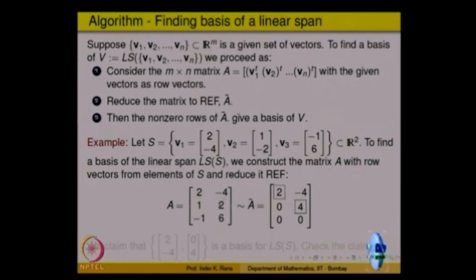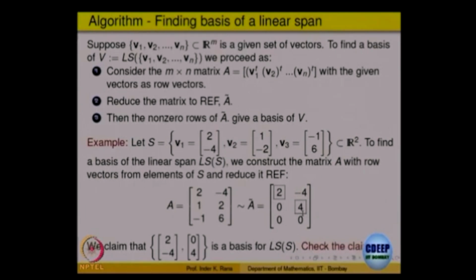I have missed the minus 2 here, a typo. And the next one is minus 1 and 6. So write these vectors as row vectors and reduce. When you reduce it, you get the reduced form shown here. There are only 2 rows which are non-zero. So what should the basis be? The vectors (2, minus 4) and (0, 4). These two should give you the linear span.